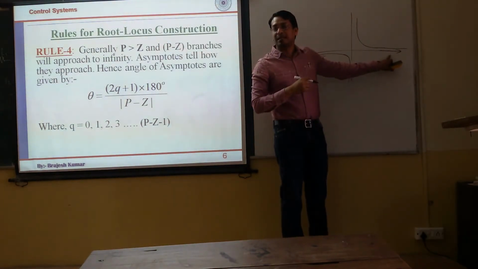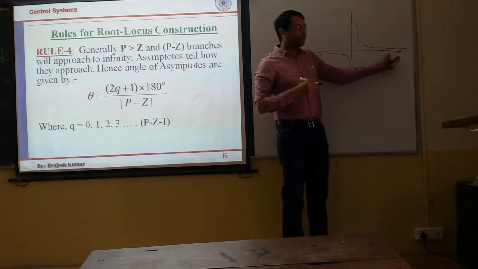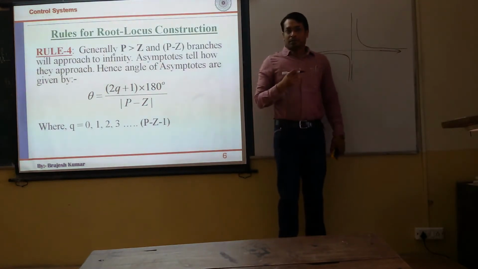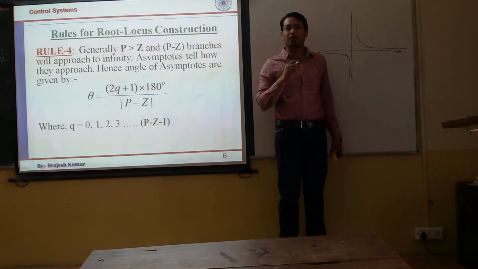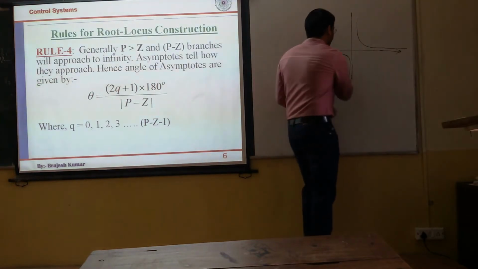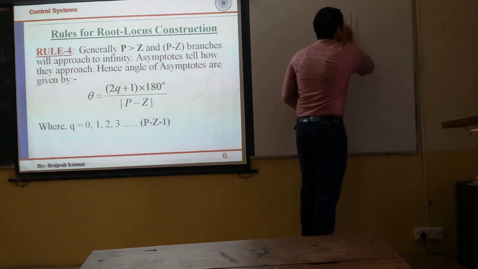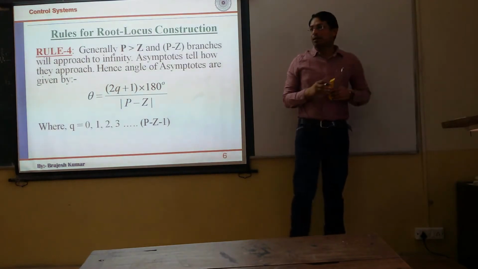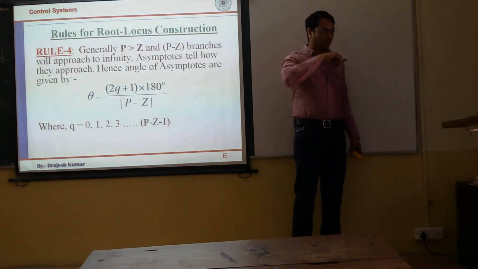That's why this line is an asymptote to the curve. Asymptotes are straight lines along which a curve moves when a particular value of that curve changes to infinity. Correct? So here we are also going to discuss the asymptotes.